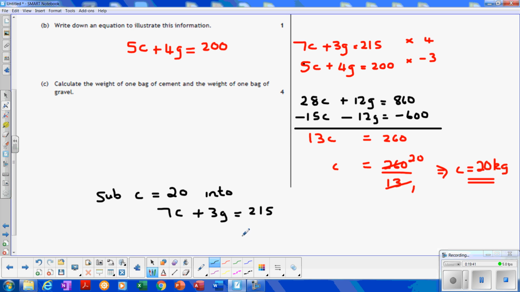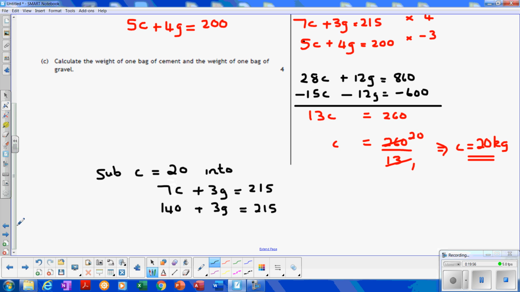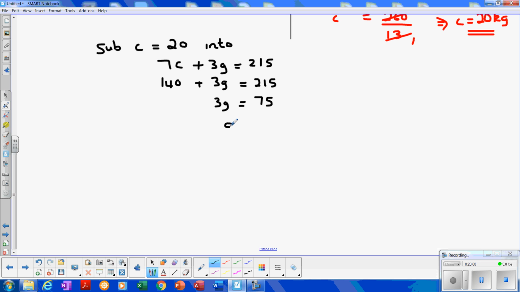So now we put in C: 7 2s are 14, so it's 140 plus 3G, and that is equal to 215. Now we take 140 off both sides, so that leaves 3G, and 215 take away 140 leaves 75. Now divide by 3, so G is equal to 75 divided by 3, which turns out to be 25.